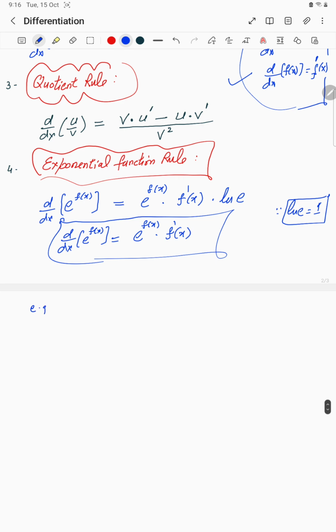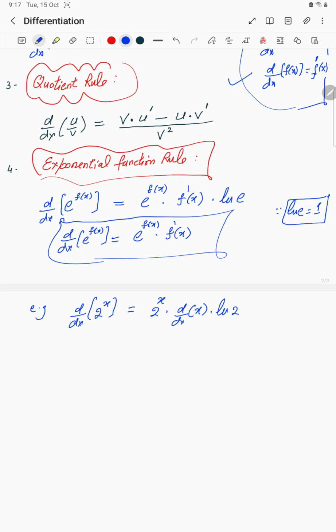Similarly, say this example: differentiate with respect to x, 2 raised to power x. Now you can see the function f of x is x and the base is 2 instead of e. So as per the rule, you need to write 2 raised to power x as it is, times the differentiation of the function f of x, that is x, times natural log of 2, since instead of e we have 2.